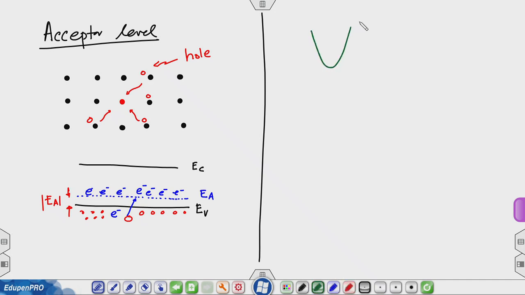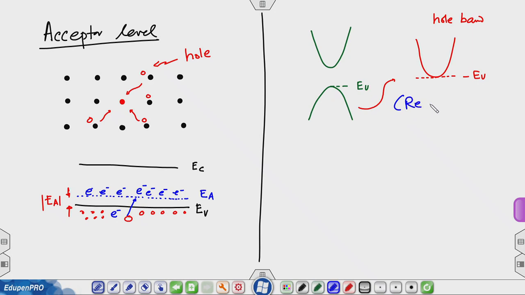Here is the conduction band, here is the valence band, this is E V. If I make the corresponding hole picture, I will forget about the conduction band, this gives me the hole band, and this is minus E V. Recall that epsilon hole equals minus epsilon electron.